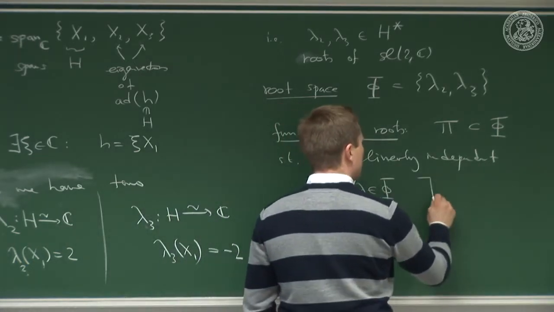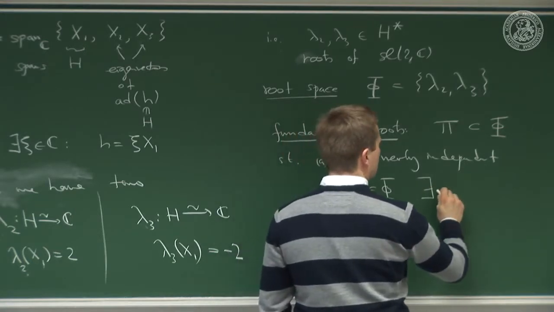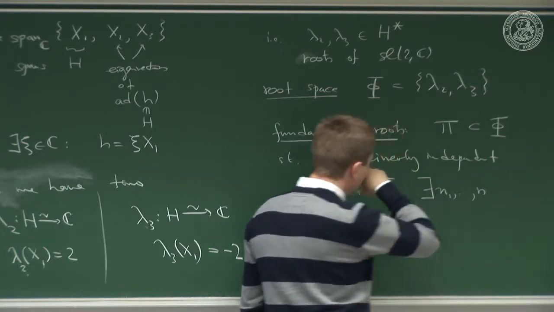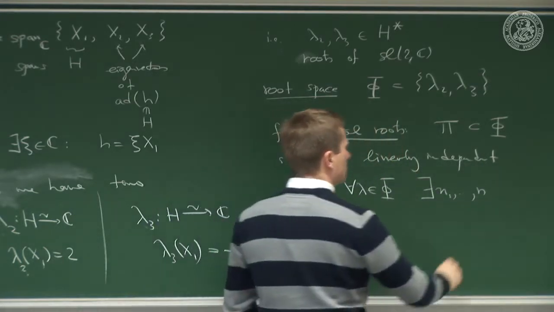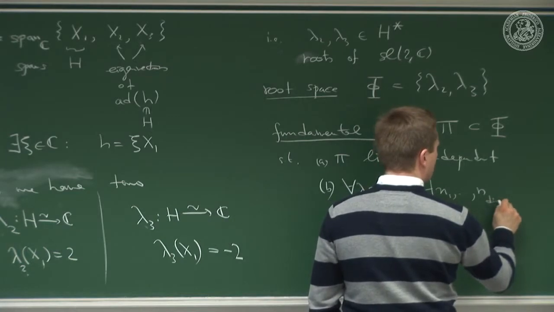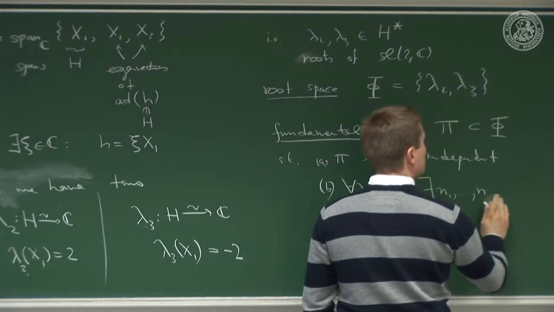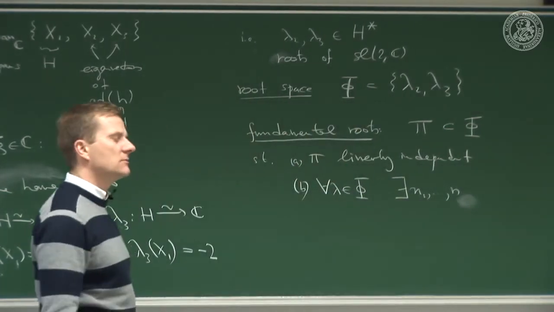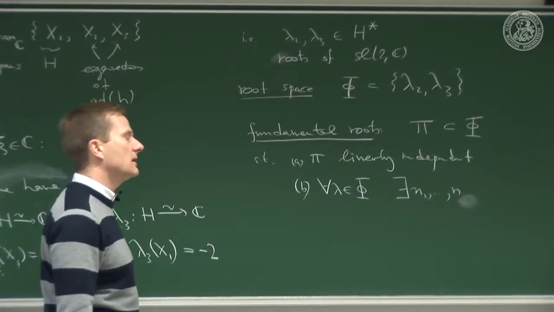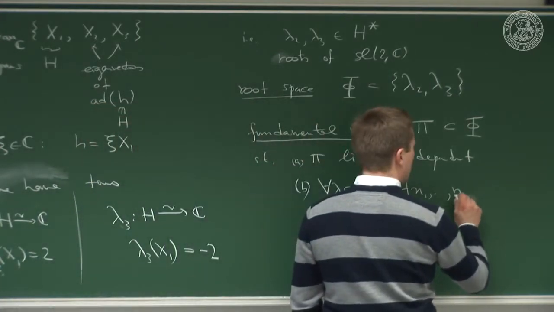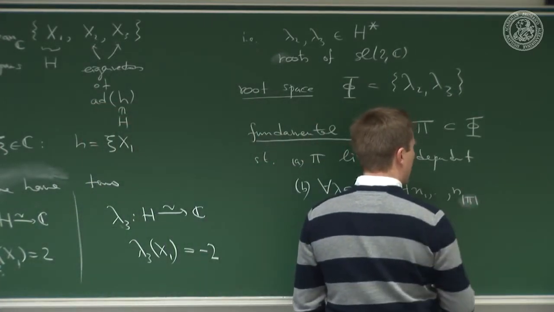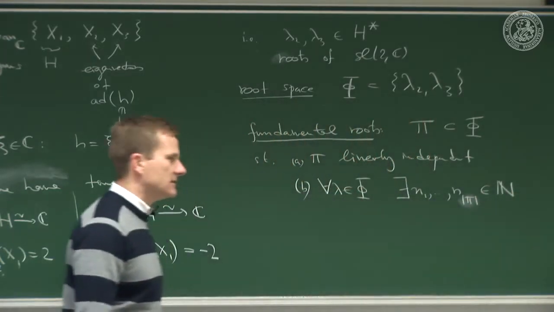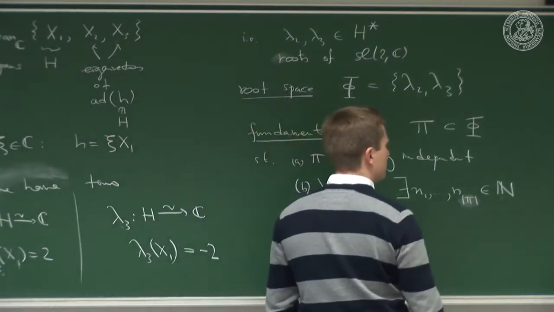For every root, there exist numbers n1 to n_size of pi, and these numbers are integers, but they could be 0, because our notation of the integers included the 0.